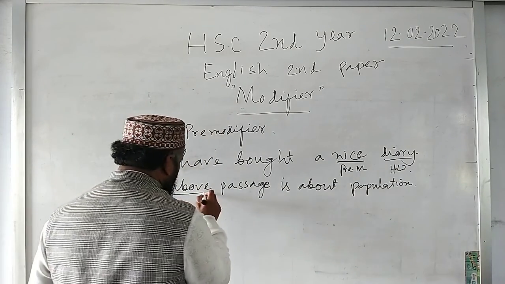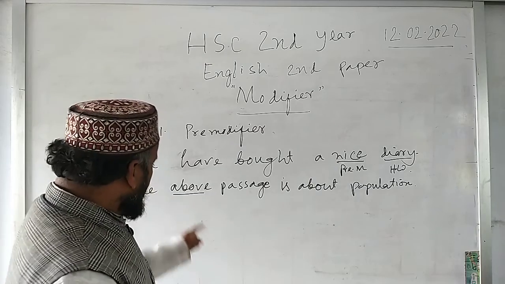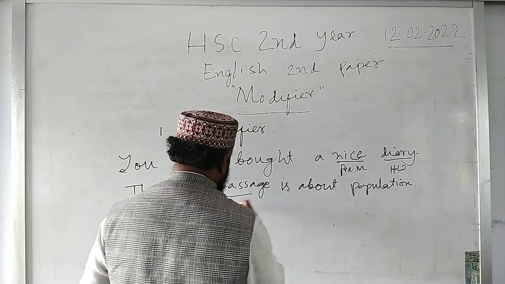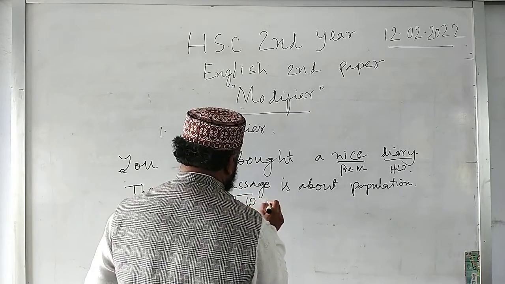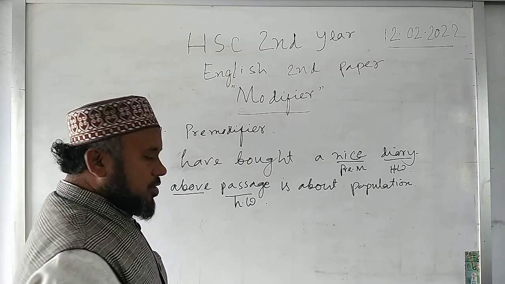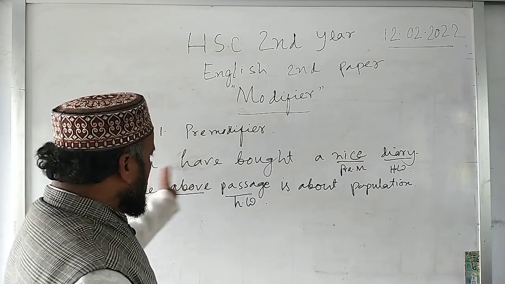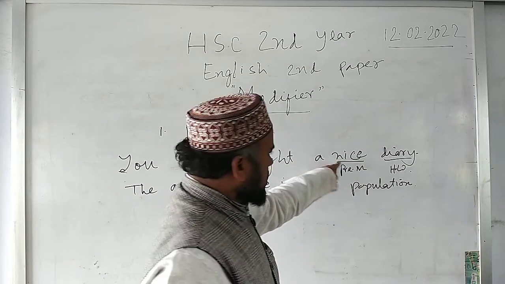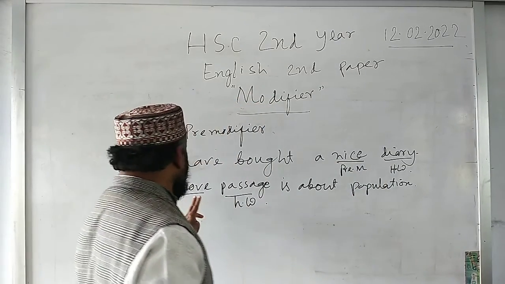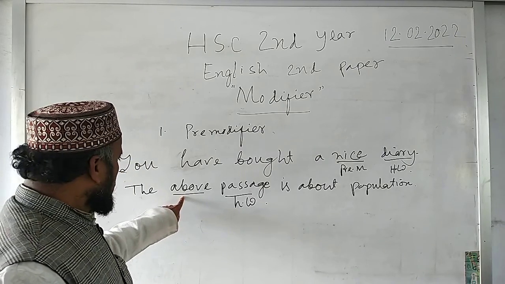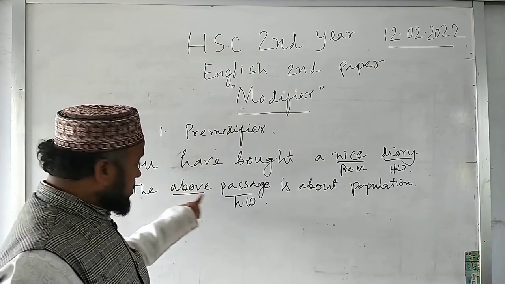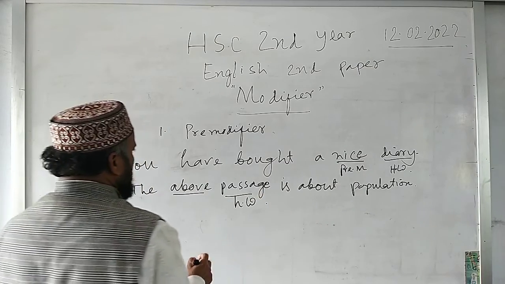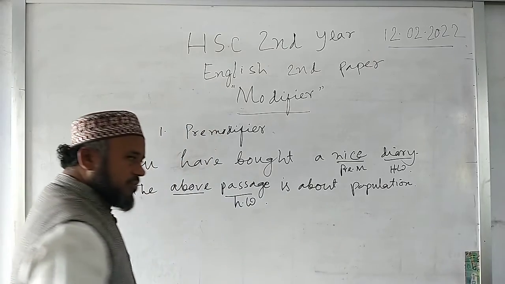Here above is an adverb, but it is used before the head word passage. So you can easily understand that in the first one, nice is used as pre-modifier, and in the next example you can see above is used before the head word passage. So these two are pre-modifiers.